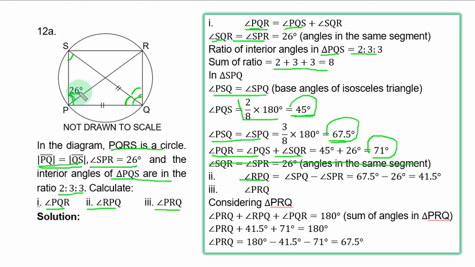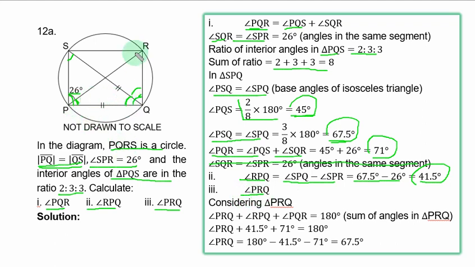So RPQ, this other angle here, is simply angle SPQ minus angle SPR, that is 67.5 degrees minus 26 degrees, and you have 41.5 degrees.